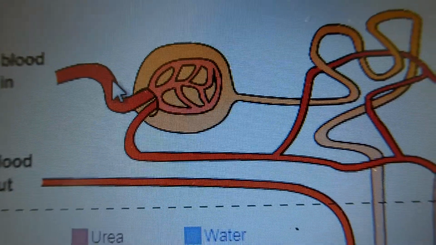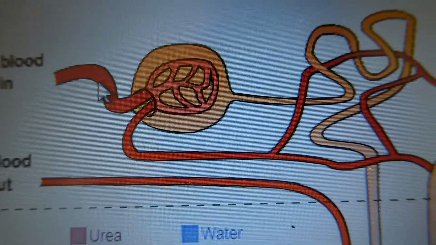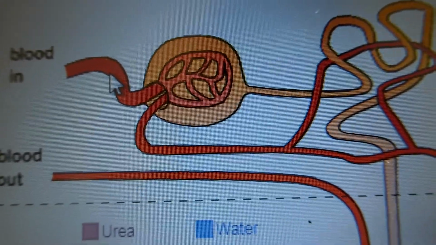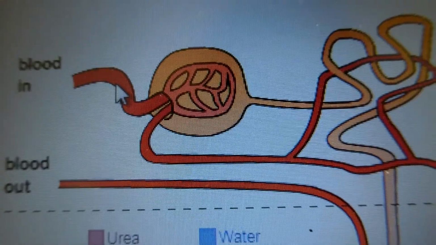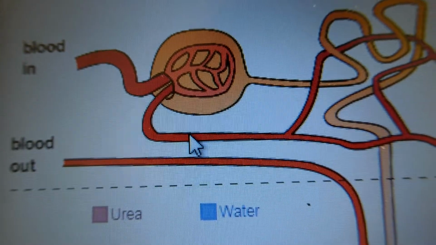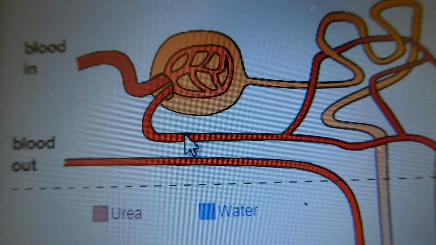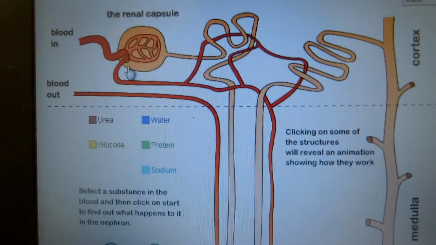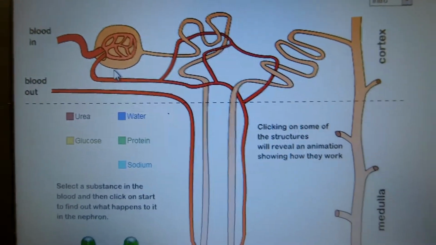The blood vessel going in is called your afferent arteriole, starting with A, A-F-F-E-R-E-N-T, afferent, and the blood vessel coming out will be your efferent arteriole, E-F-F-E-R-E-N-T, efferent arteriole.